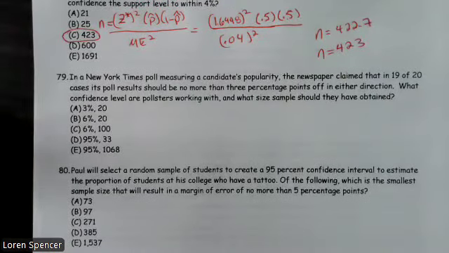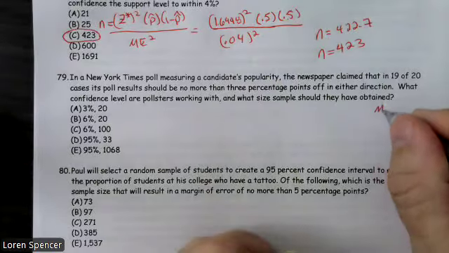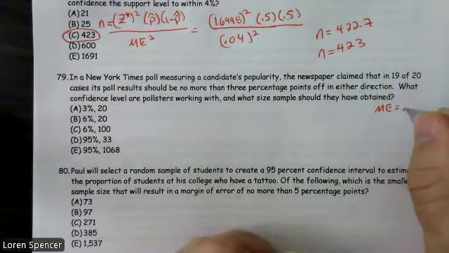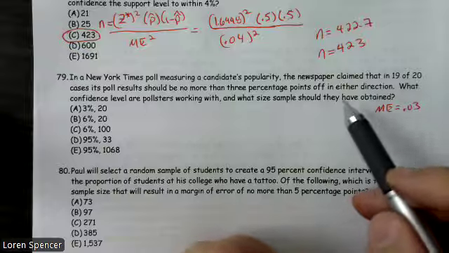Number 79. In a New York Times poll measuring a candidate's popularity, the newspaper claimed that in 19 of the 20 cases its poll results should be no more than 3% off in either direction. All right. So the margin of error in this case is 0.03.